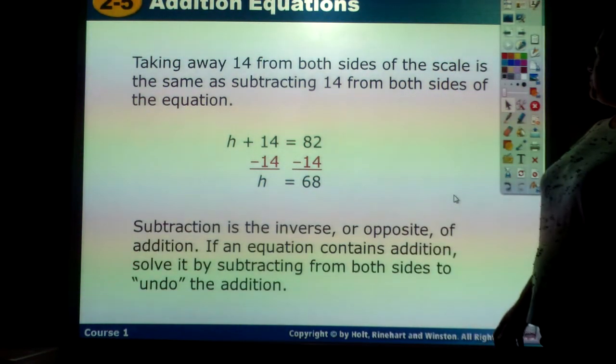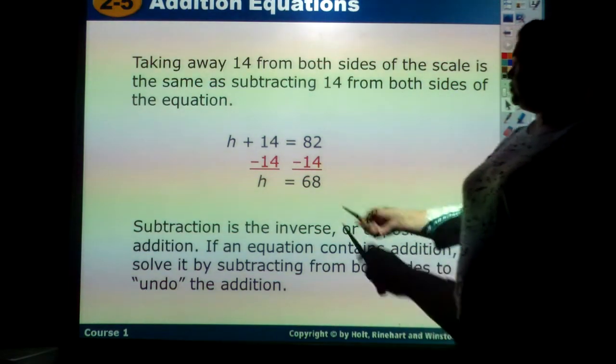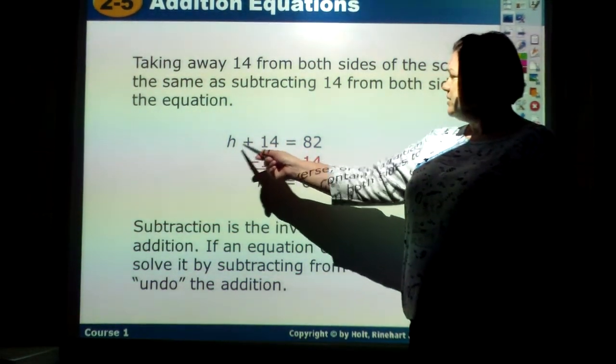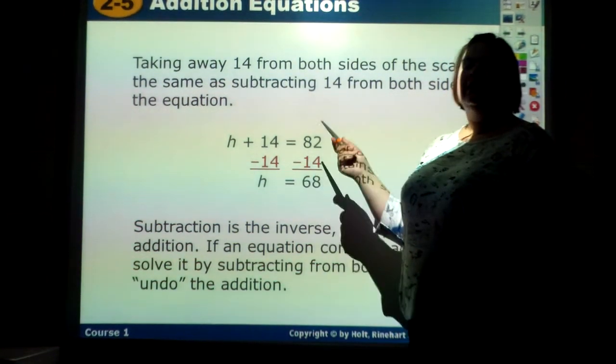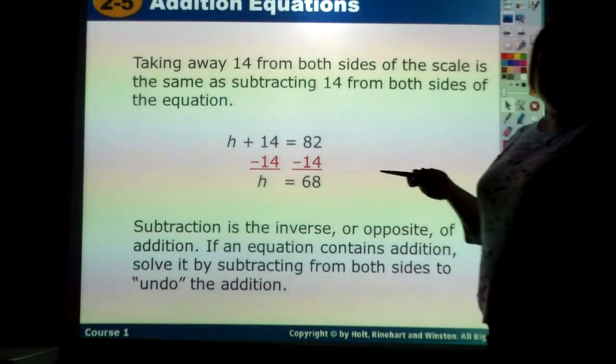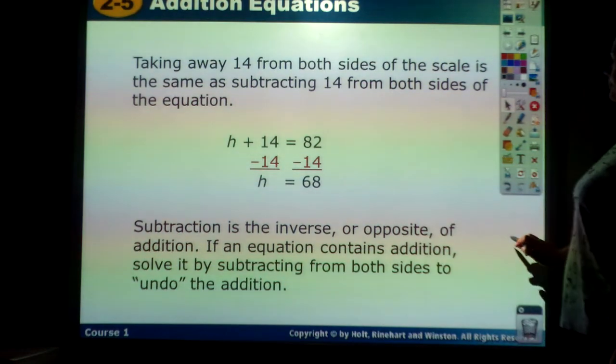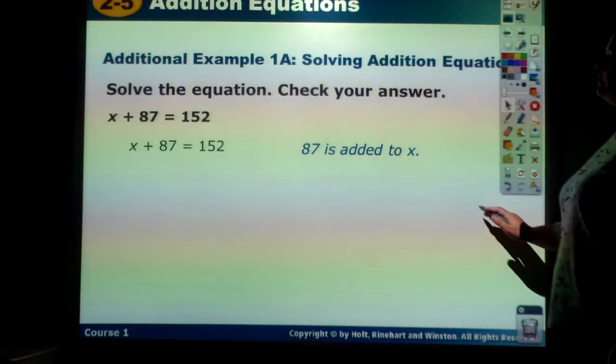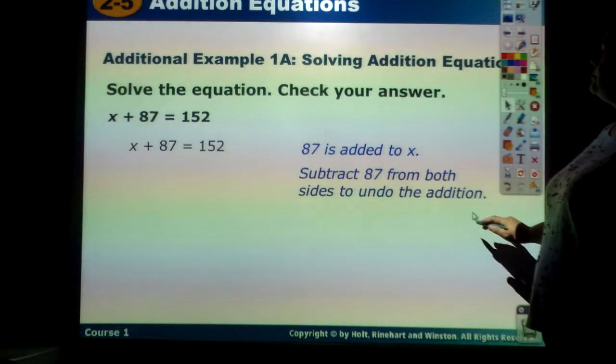To check your answer, all you have to do is plug in this 68 in the place of h and say, does 68 plus 14 equal 82? If it does, then you know your answer, or your solution, is correct, which is what we would do here to check our answer.